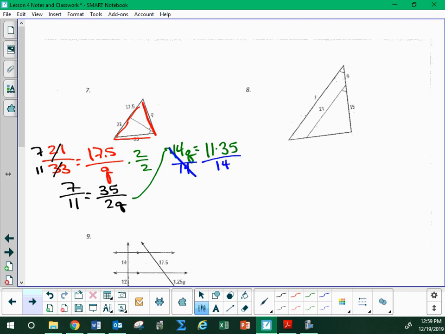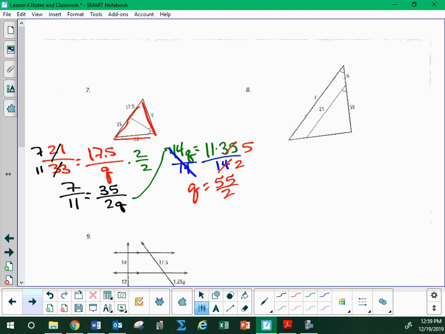Can I reduce 11 and 14, or reduce 35 and 14? What can I reduce here? 14 with what? 7. Yeah, 7 goes into both 35 and 14, so that would leave us 2 on the bottom. What's 35 divided by 7? 5. So we have q is 55 over 2.